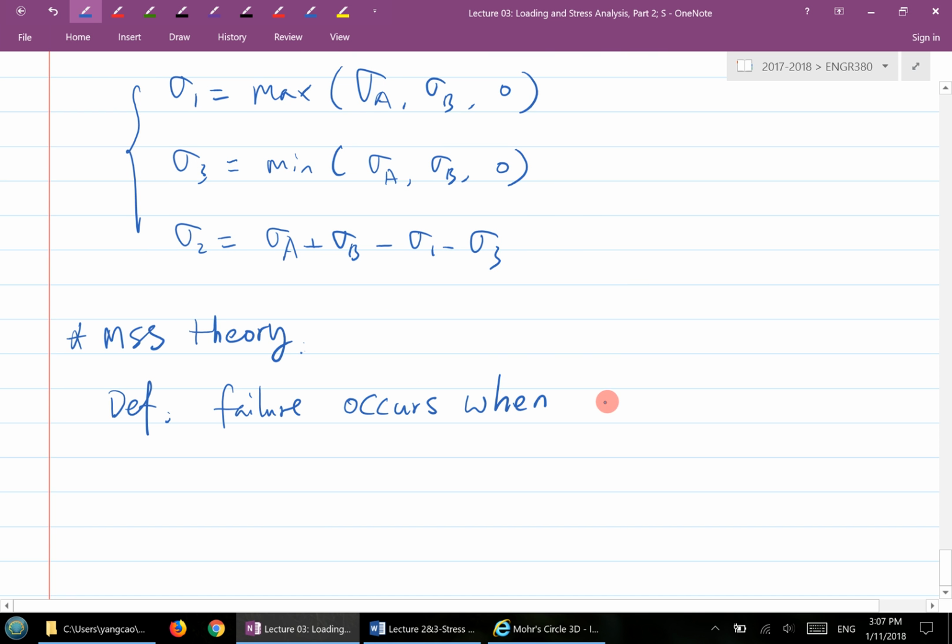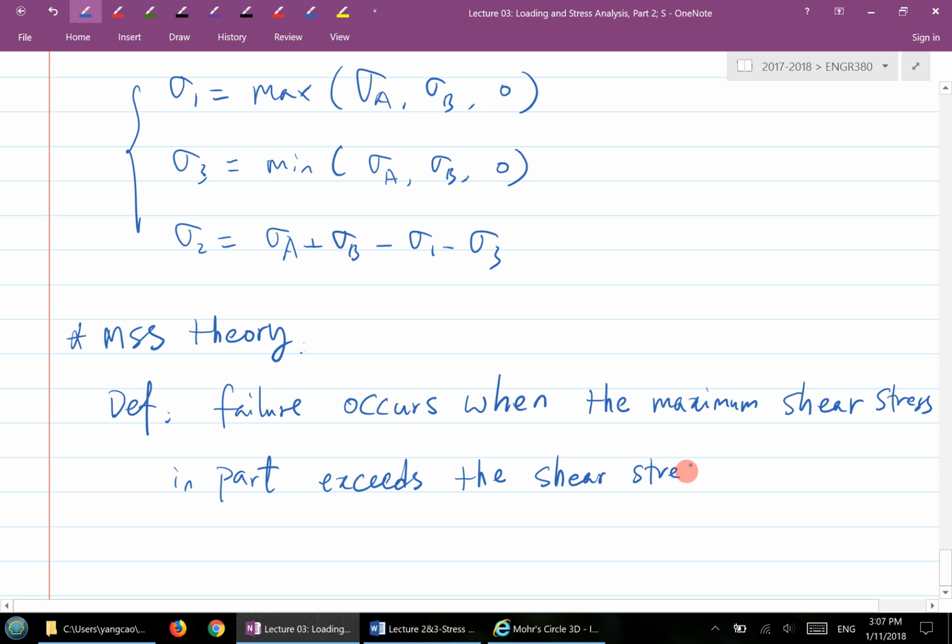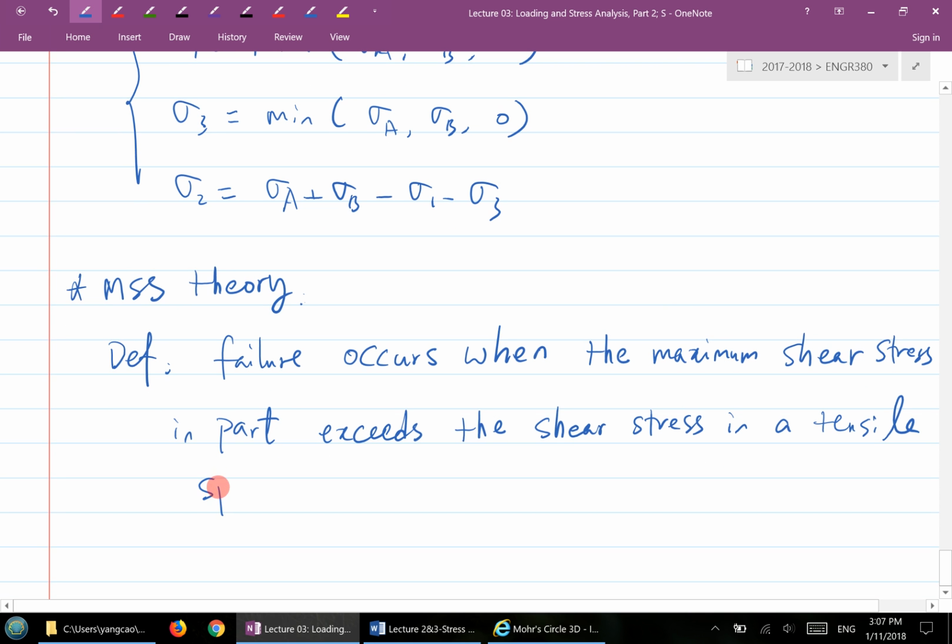when the maximum shear stress in parts exceeds the shear stress in the tensile specimen at yield.